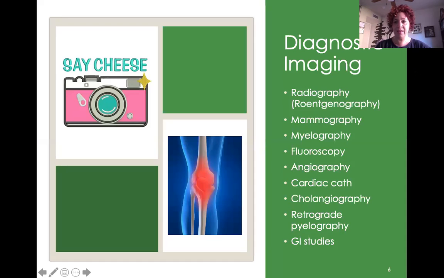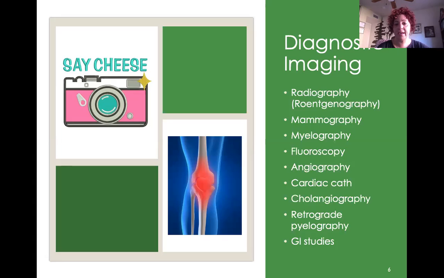And there's a lot of different types of diagnostic imaging. There's different radiographic imaging techniques. It is called Roentgenography, and if you remember, somebody did a presentation on that about Roentgen and how he was the one that first discovered this type of technique and how gamma radiation can be used.